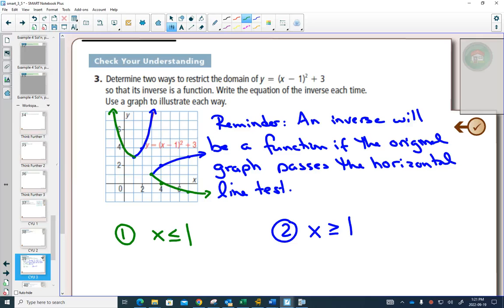What haven't I done if I read the question? Determine two ways to restrict the domain. I've done that. I've used a graph to illustrate. I've done that. The only thing I have left is to write the equation. Okay? So how do you write the equation?